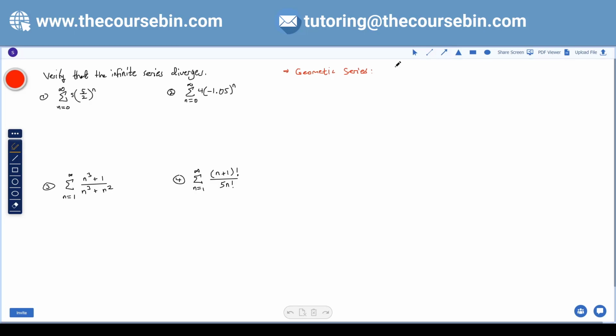These are series of the form sum from n equals 0 to infinity of a times r to the power of n.